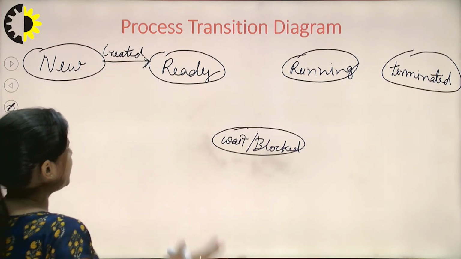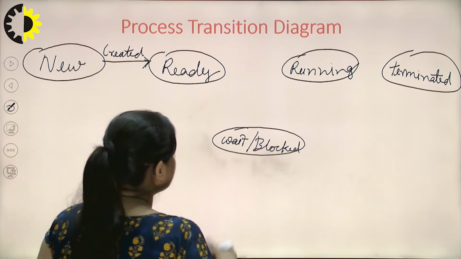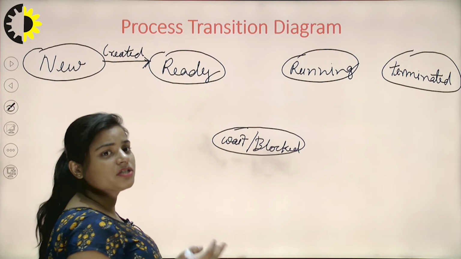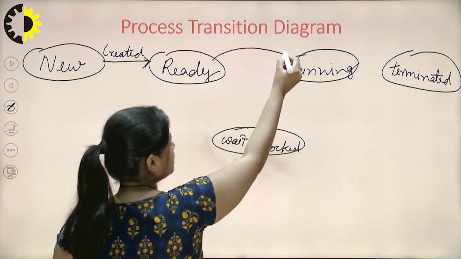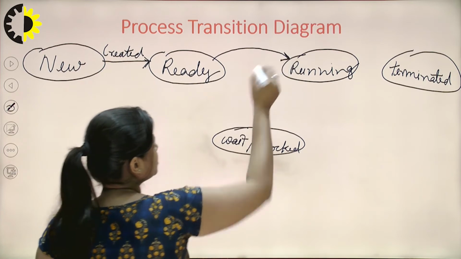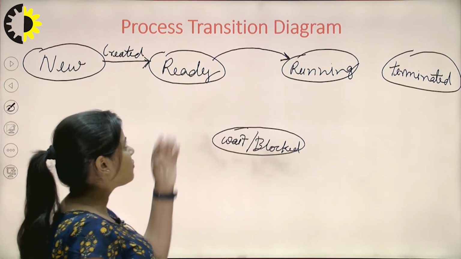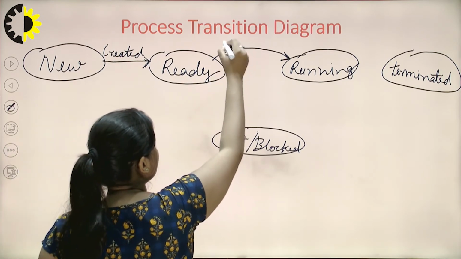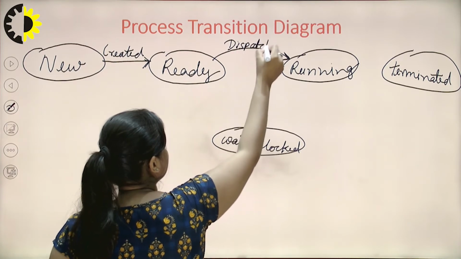Now, we are having the process under ready state, and it is going to move towards running, because every process wants to execute its task. Whenever a process wants to execute its task, it has to move towards the running state from the ready state. So this basically happens due to dispatch.